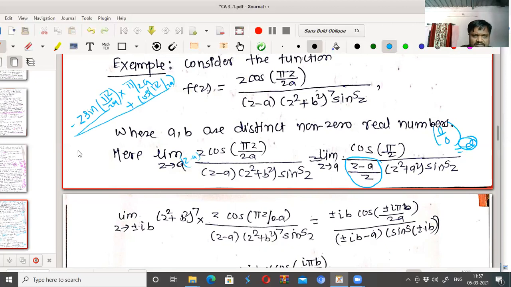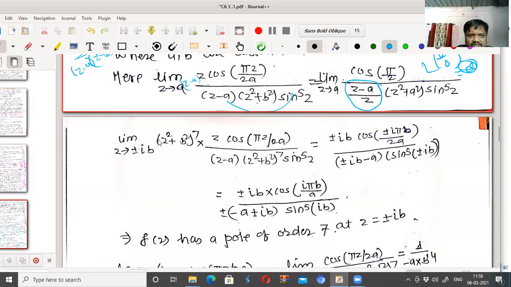First function as it is, second function as it is, derivative of 5 into sin raised to 4z into 1, no need to write, plus these two functions as it is and this one. So z equal to a is a simple pole here, because if we find the limit as z tends to a of z minus a into this one, this will be finite.